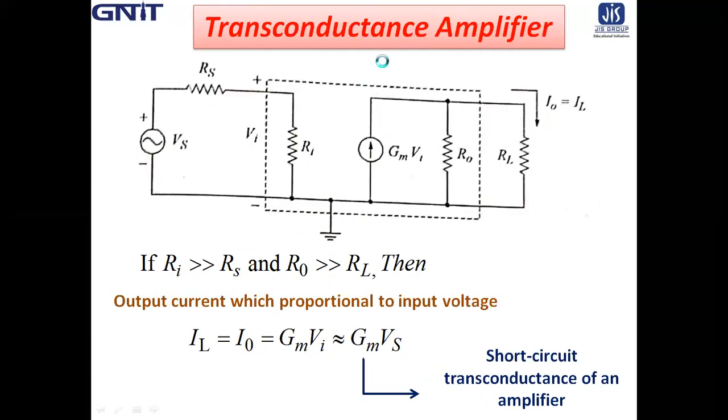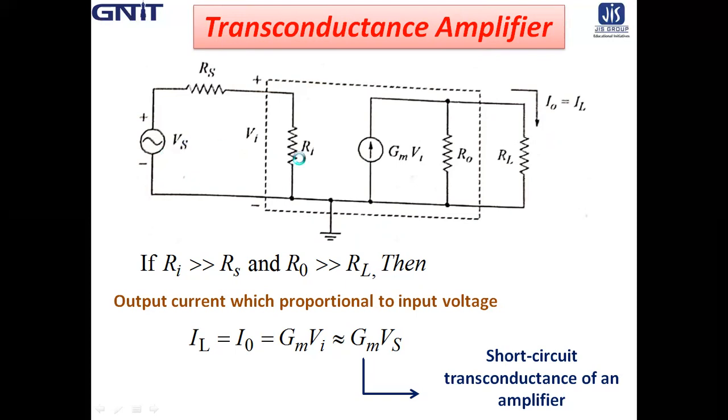Next is the transconductance amplifier. Now, what is a transconductance amplifier? Transconductance means current by voltage.